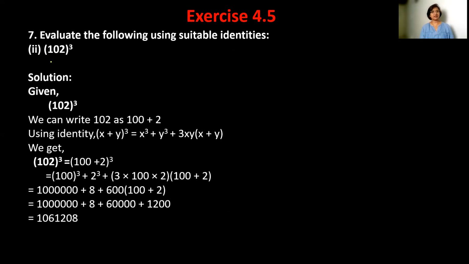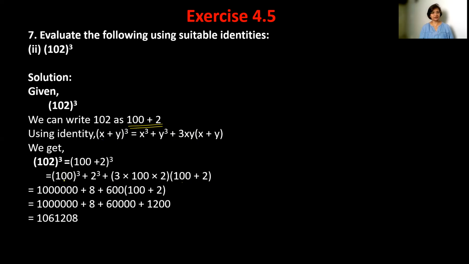The second part says 102 whole cube. 102 we can write as 100 plus 2. So for 100 plus 2 whole cube we use the identity (x plus y) whole cube equals x cube plus y cube plus 3xy into (x plus y). So 100 cube plus 2 cube plus 3 into 100 into 2 into (100 plus 2).